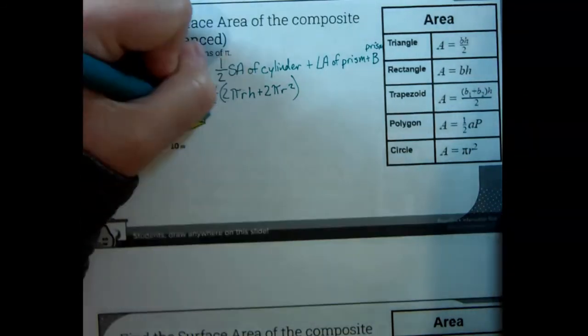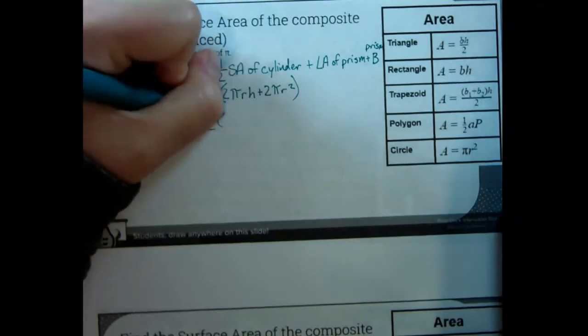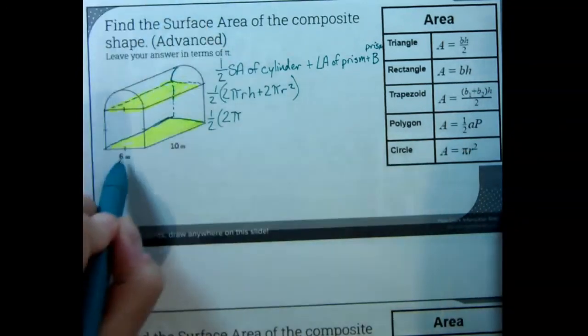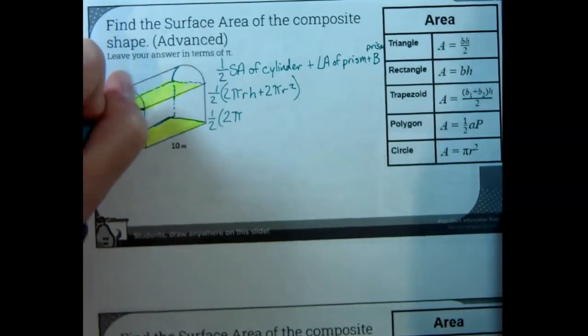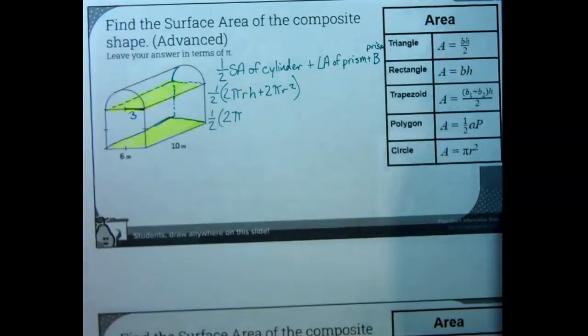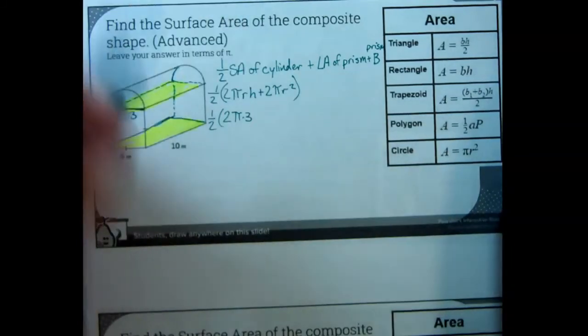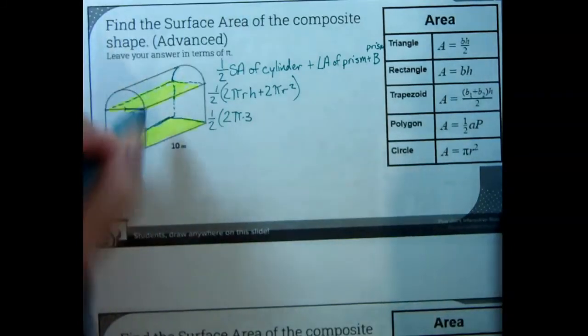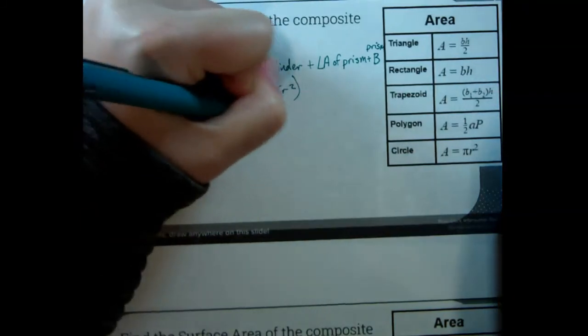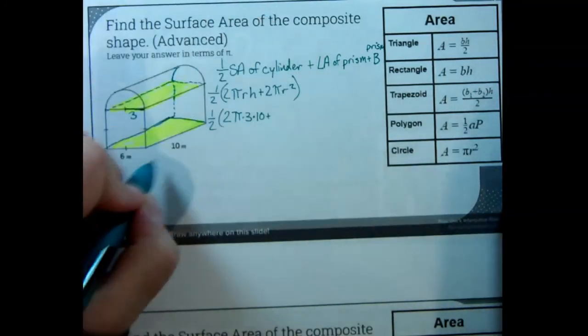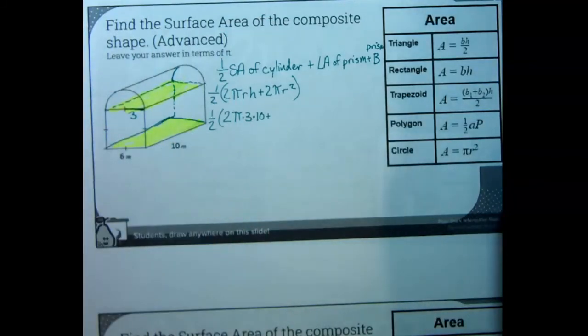So you have 1/2 times 2 pi. Our radius is going to be half of 6. So if this is 6 units long, the radius is going to be 3 times my height. So how far apart are these two circles? They're 10 units apart. You can see that down here.